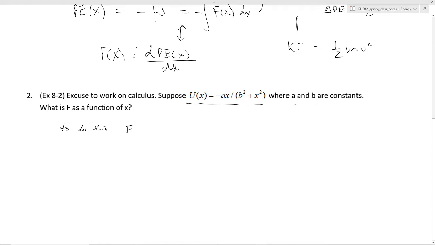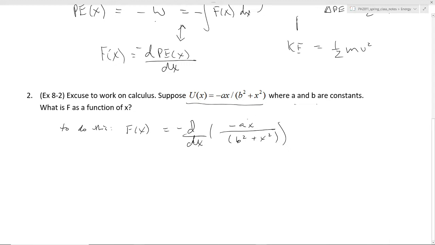So the force is going to be the negative derivative of this potential energy expression.